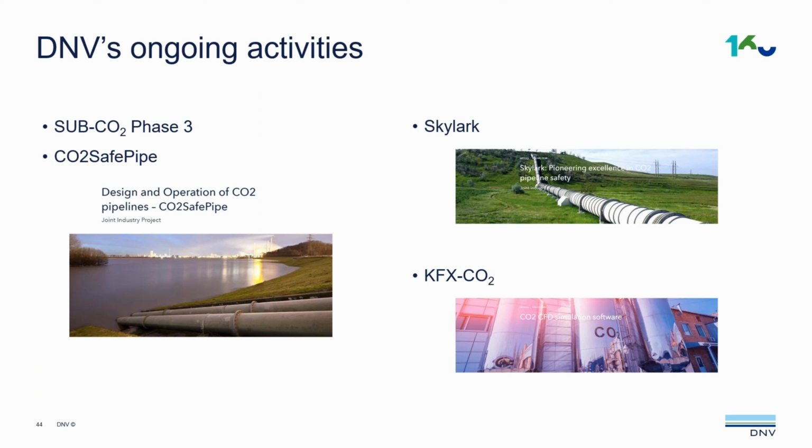The CO2 safe pipe joint industry project, which aim is to close knowledge gap identified in the transportation of CO2 in pipelines, covering CO2 in both gas phase and dense phase, CO2 stream composition and its effect on corrosion and material, and the risk of running ductile fracture. The GIP's outcome will enable both the safe and cost-effective design of new CO2 pipelines and the repurposing of existing pipelines.